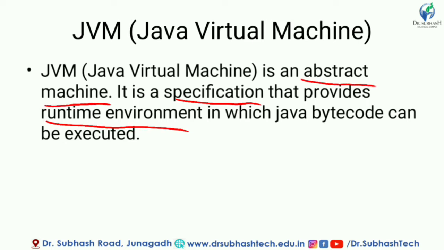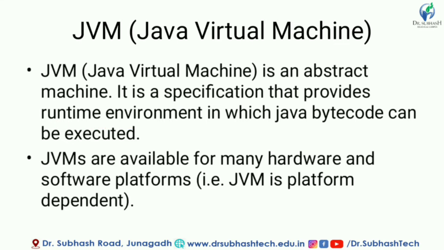An abstract machine's view is simple, but its working is complex. It's an abstract machine for the compiling and execution of programs. Moreover, JVMs are available for many hardware and software platforms. As seen in the previous slide, the JVM was available according to the operating system.